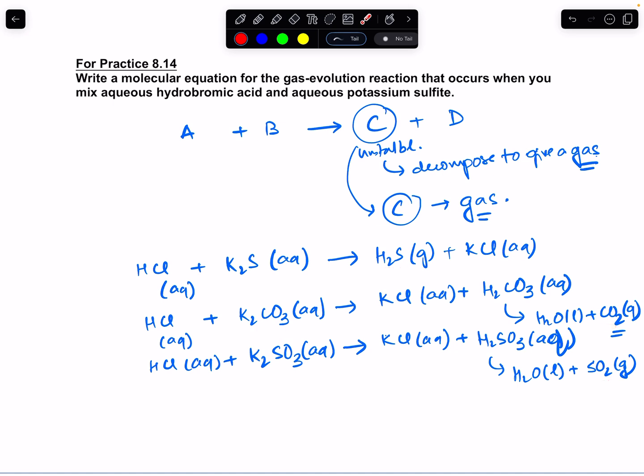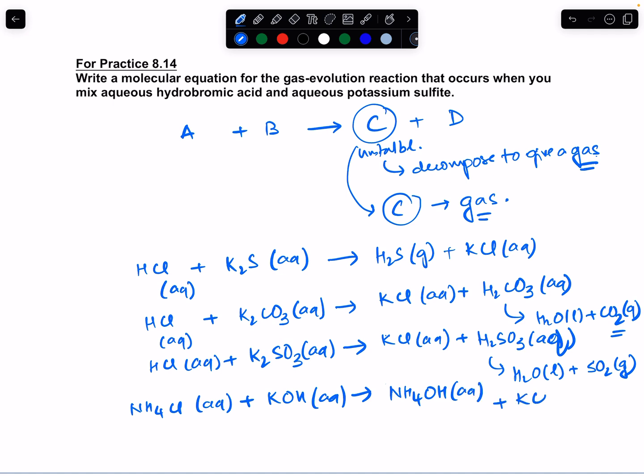The last example we'll look at is where you have NH4Cl aqueous plus KOH. And then what it does is it forms H2O. You can switch the ions around. So the OH minus combines with the NH4 plus to form NH4OH plus KCl.